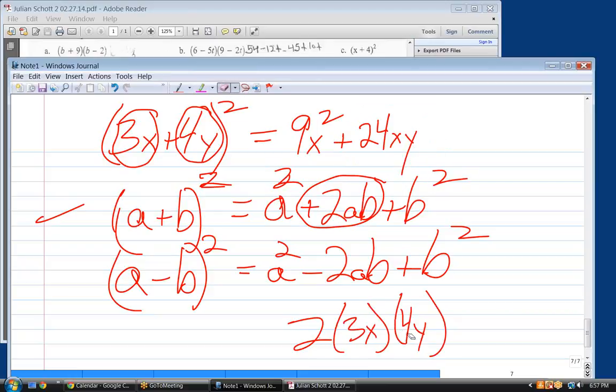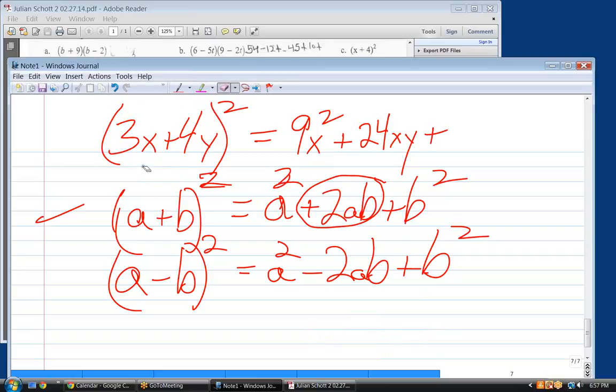Okay. And what's the last term? 8y squared. Not 8. It's b squared. Remember, b is 4y. So what is 4y quantity squared equal to? Oh. 16. 16 what?